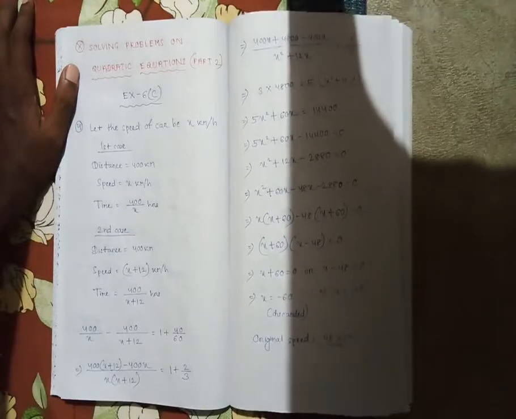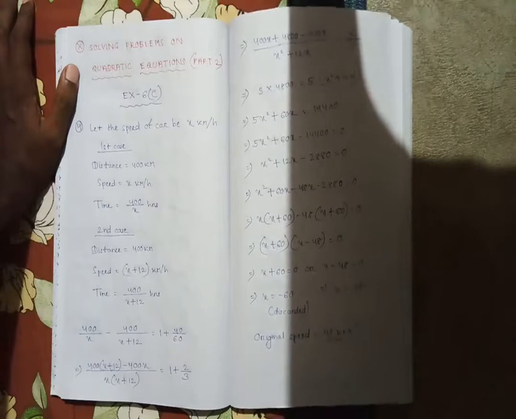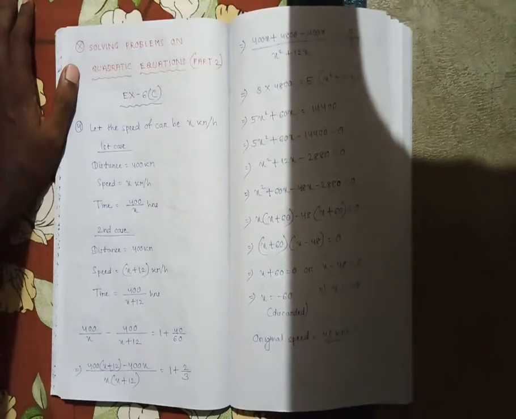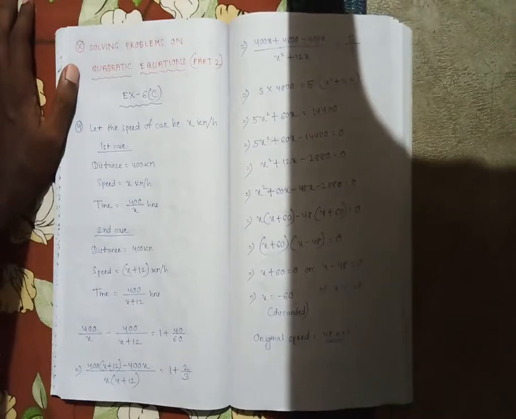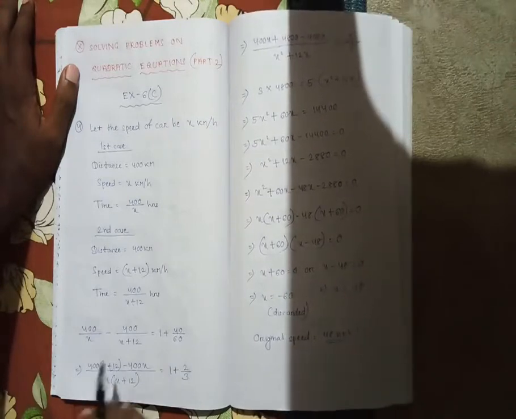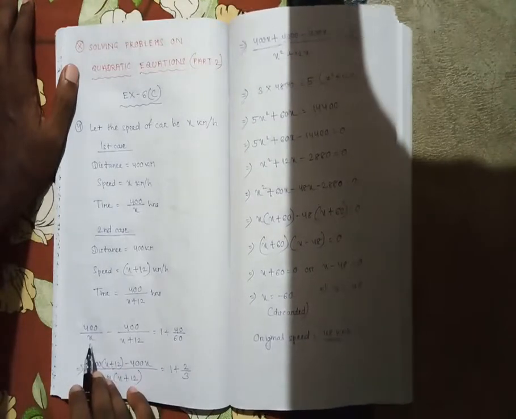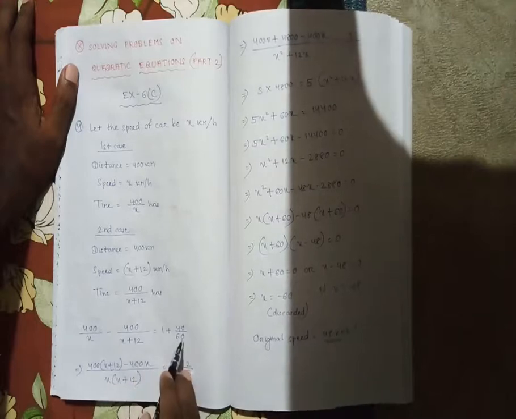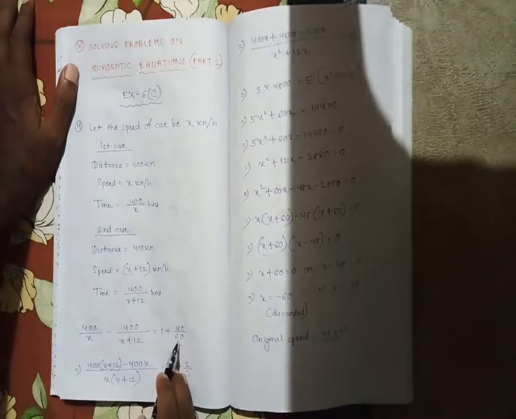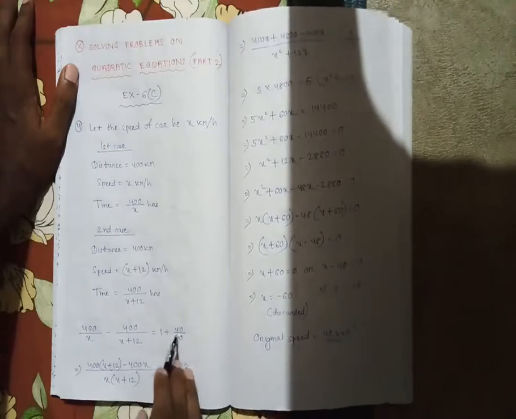Now in the second case, speed has been increased, so definitely time will be less. So the time in the second case will be less than the time in the first case by 1 hour and 40 minutes. So first time minus second time: 400 by x minus 400 by x plus 12 is equal to 1 hour 40 minutes. 40 minutes you have to convert to hours, so as you can see I have written here 1 plus 40 by 60.